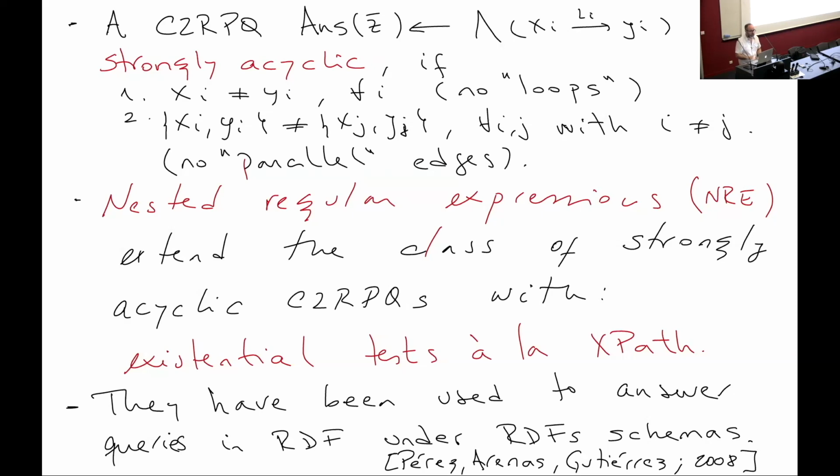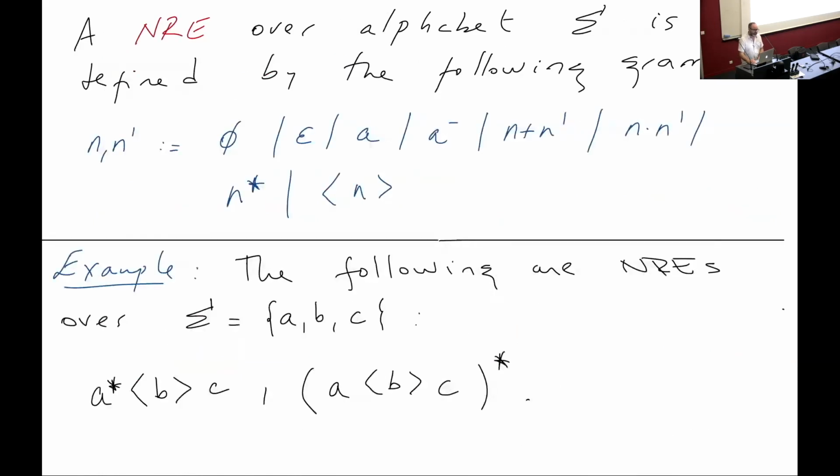But we will not mention variables. They have been used to answer queries in RDF, which is the data model for the semantic web, under RDF schemas, for instance. So a nested regular expression is really an extension of the class of regular path queries. What does it do? Well, we have all the things that we have in regular path queries, plus this existential test.